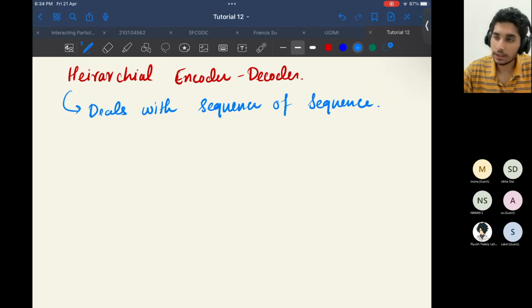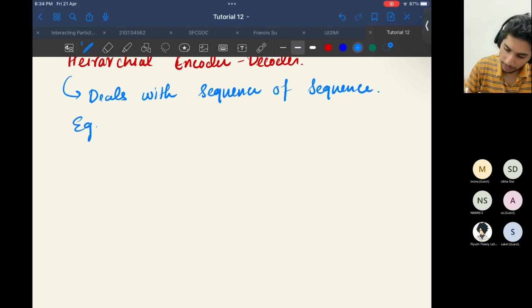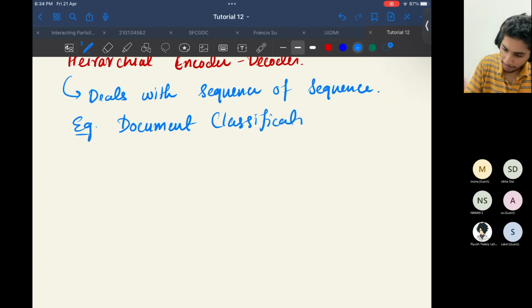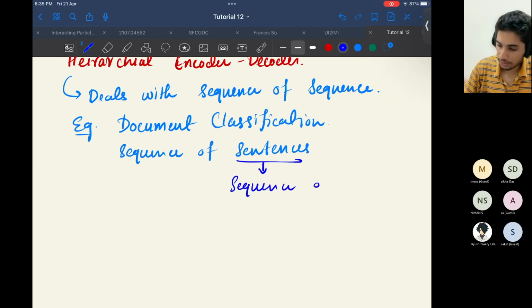For example, document classification. In document classification, you have a sequence of sentences, however these sentences themselves are sequences of words.